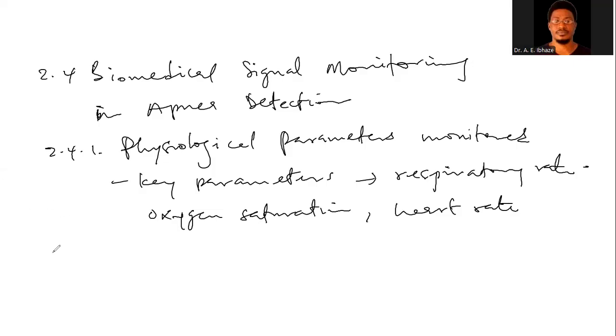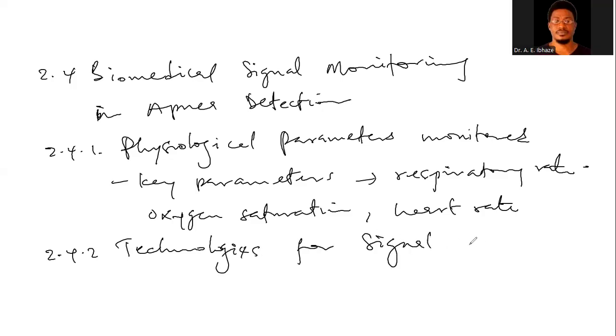So you want to tell all of these parameters and the relevance, okay? And then you also want to make mention of the technologies for signal acquisition. These are sensor-based, right? So here, these are the sensors.